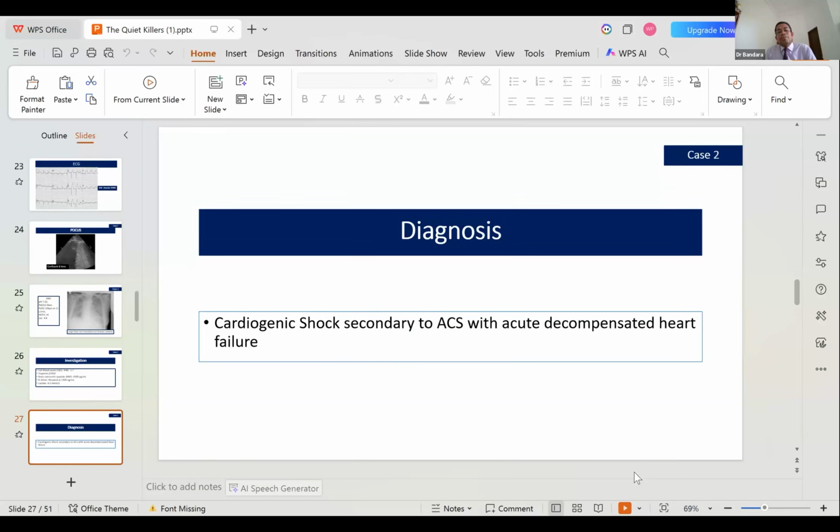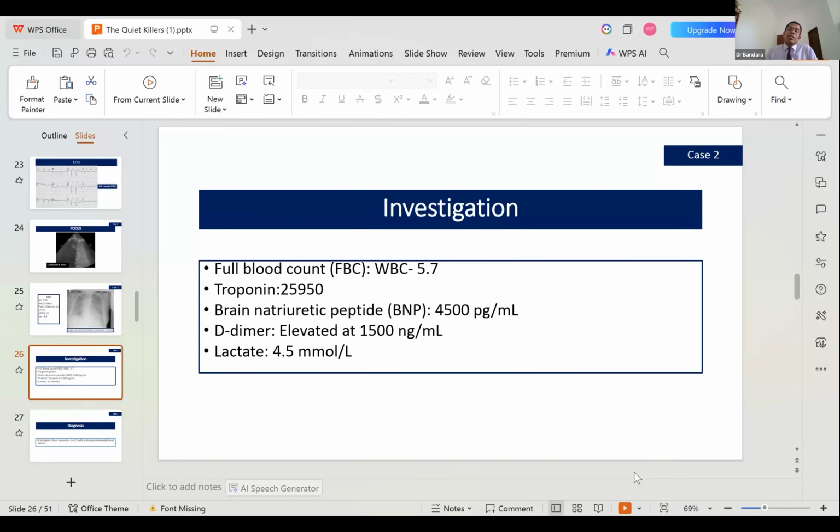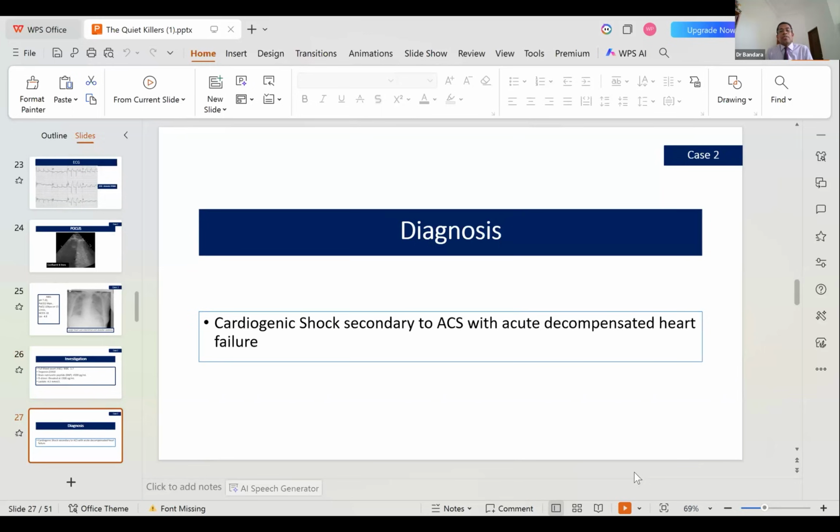So what we are dealing with in this patient, if you can see from the history, is a 60-year-old patient coming with acute chest pain and having low blood pressure, tachycardia, and all the biomarkers elevated, including troponin significantly elevated. So he obviously has cardiogenic shock secondary to acute coronary syndrome with acute decompensated heart failure.